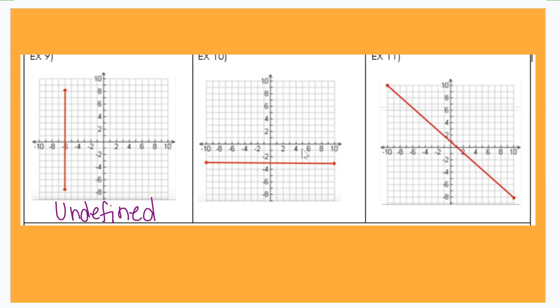Example 10 is our horizontal line, and a horizontal line has 0 slope. It has none. It's perfectly flat. The last example, 11, is going downhill as we move left to right, so that would be a negative slope. I hope you got all of those correct.